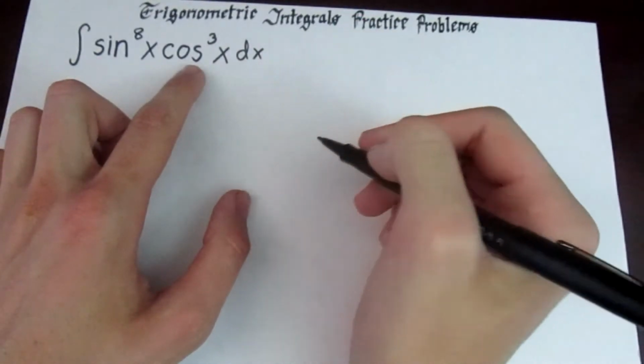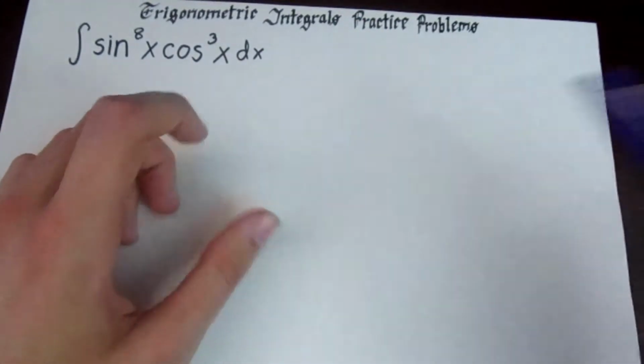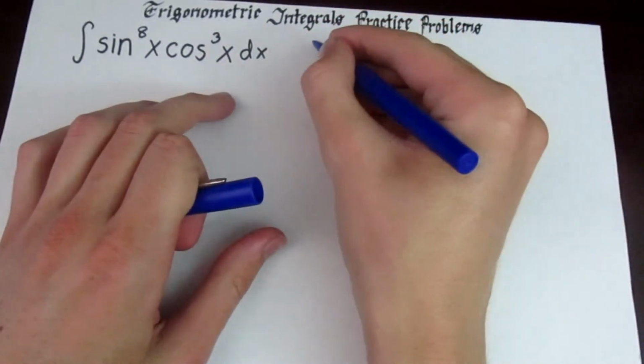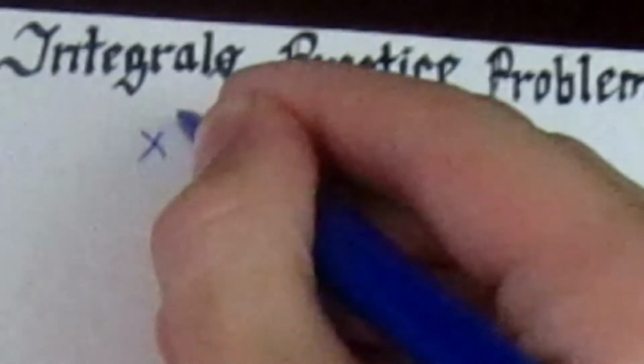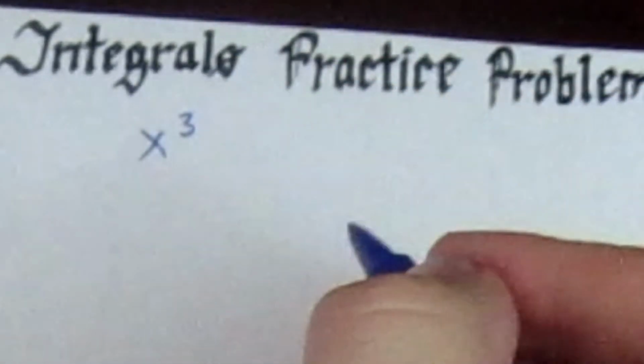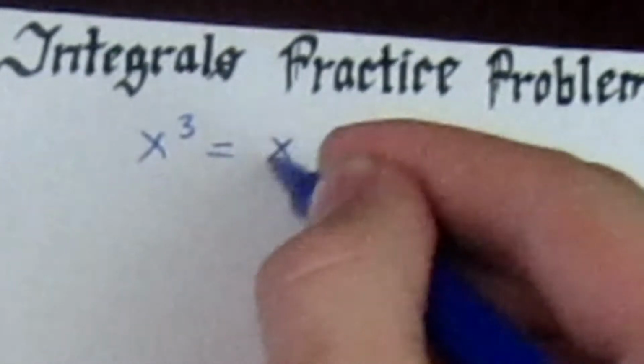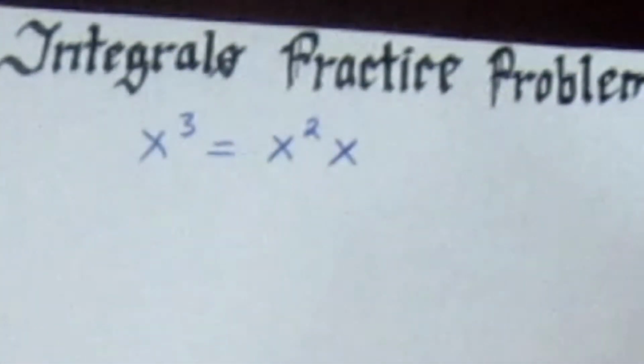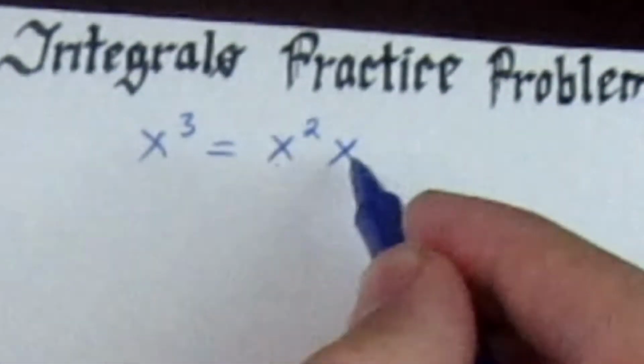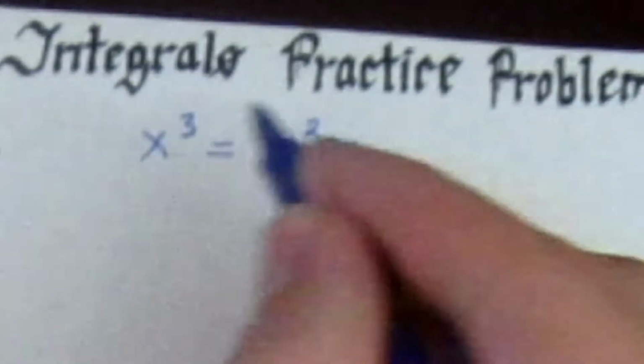So let's say that instead of cosine cubed, it's x cubed, right? So x cubed is also the same thing as x squared times x to the first. Remember, with the same base, you add the exponents. 2 plus 1 is 3.